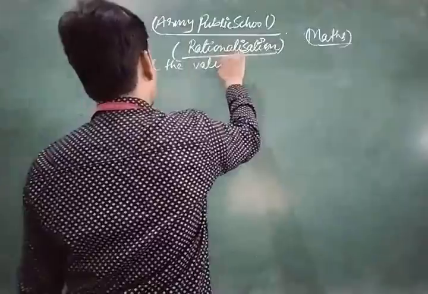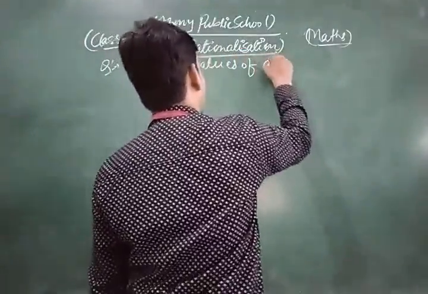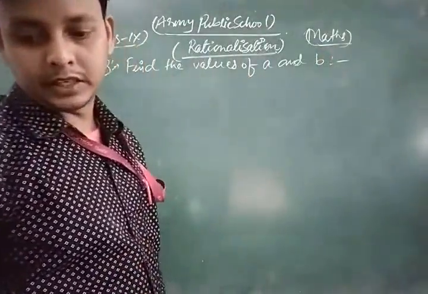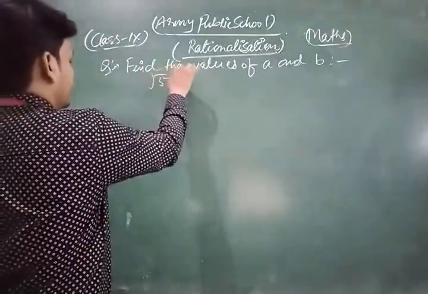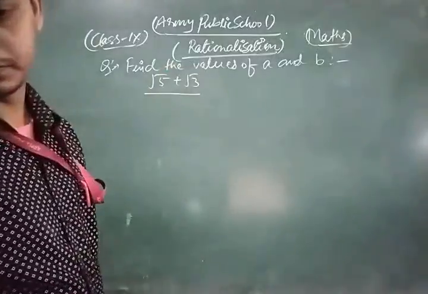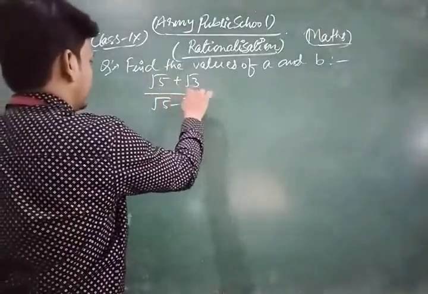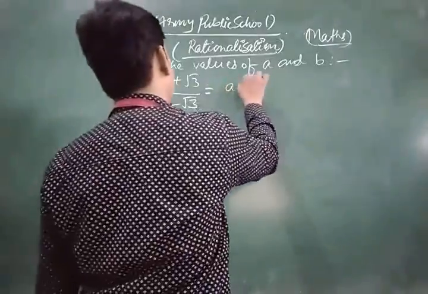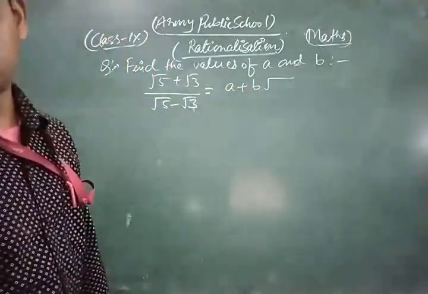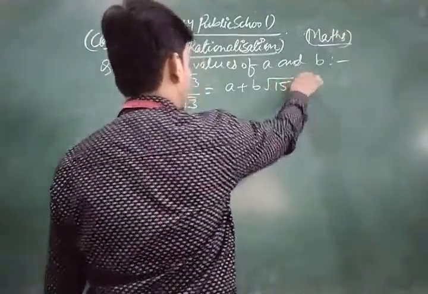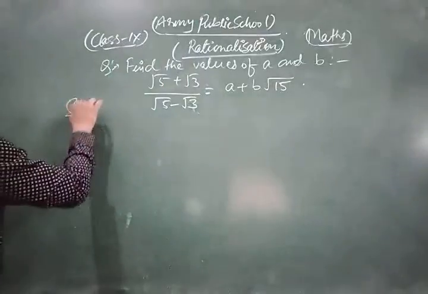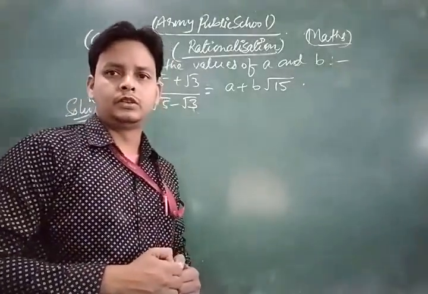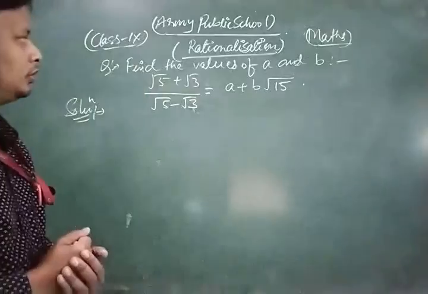We just have to find the values of a and b, and the given expression is (under root 5 plus under root 3) upon (under root 5 minus under root 3) is equal to a plus b under root 15. Let's see its solution.